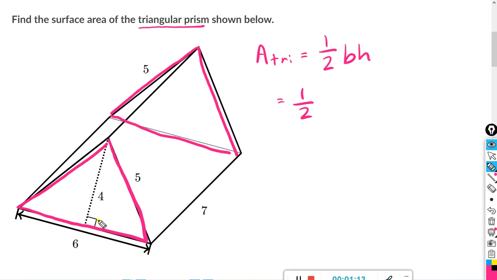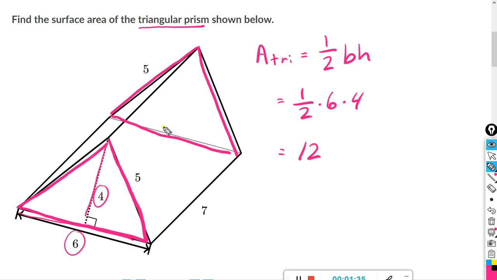They always make a right angle with each other. So we can see the base right here, that's 6 in place of B. And the height H is this right here, that's 4. 1/2 of 6 is 3, times 4 is 12.